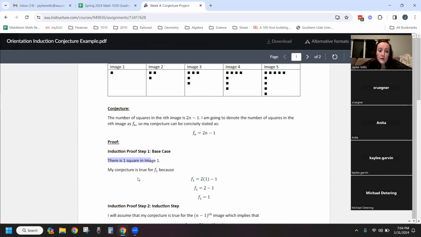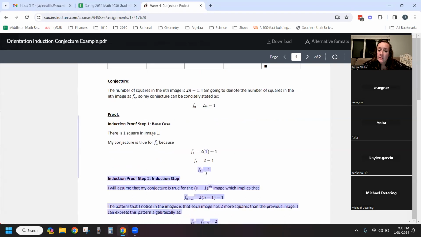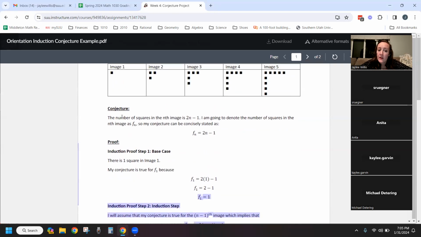So we say there's 1 square, and therefore my conjecture is true for the number of squares in the first image because, and I substituted in a 1 for n because it's the first image, I show that my formula gives the same number of squares as the picture does. So the base case is really important logically.